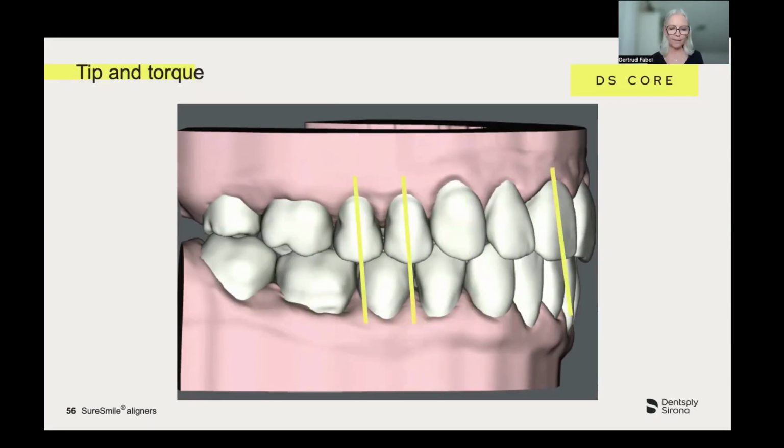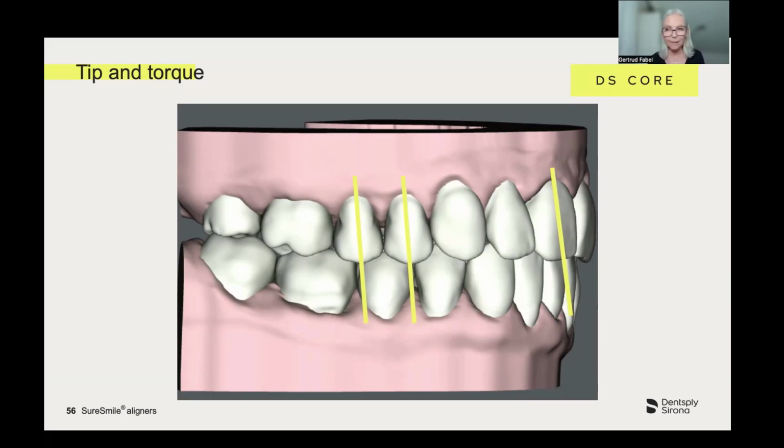Torque movement is a special type of tilting movement of the tooth root. So you move the root while the crown itself more or less remains at its original position. Tipping means you tilt the tooth while more or less the root stays in the same position.